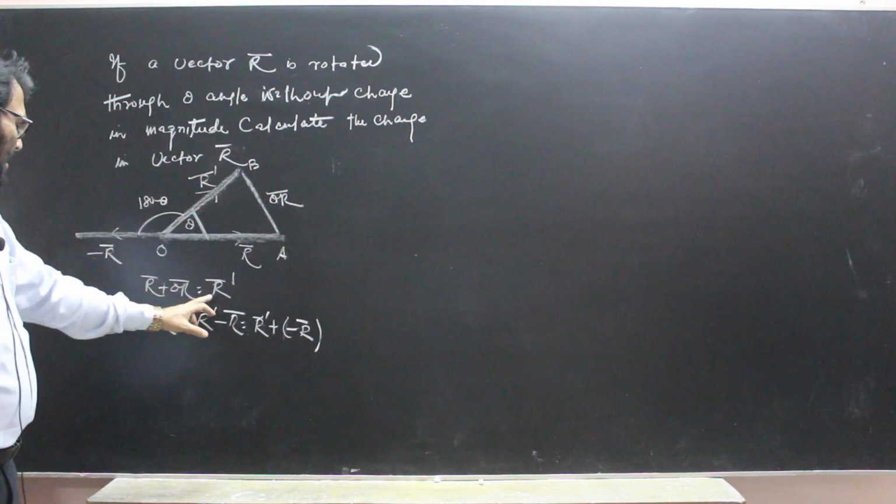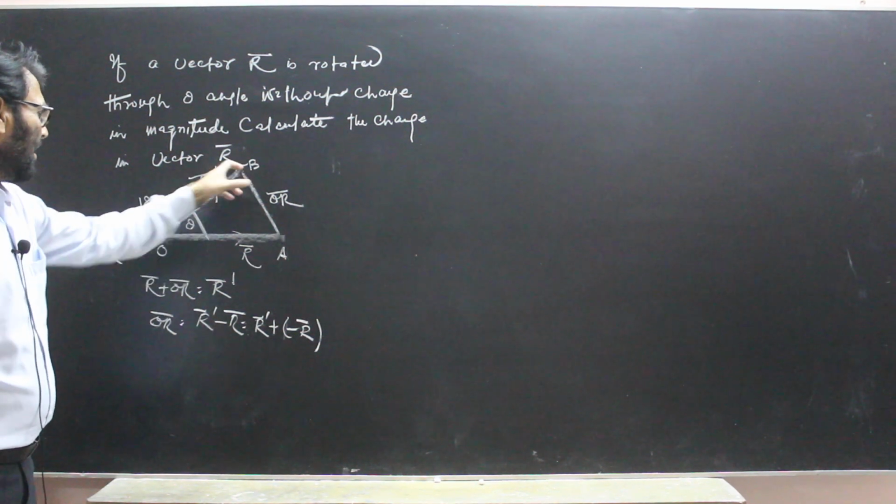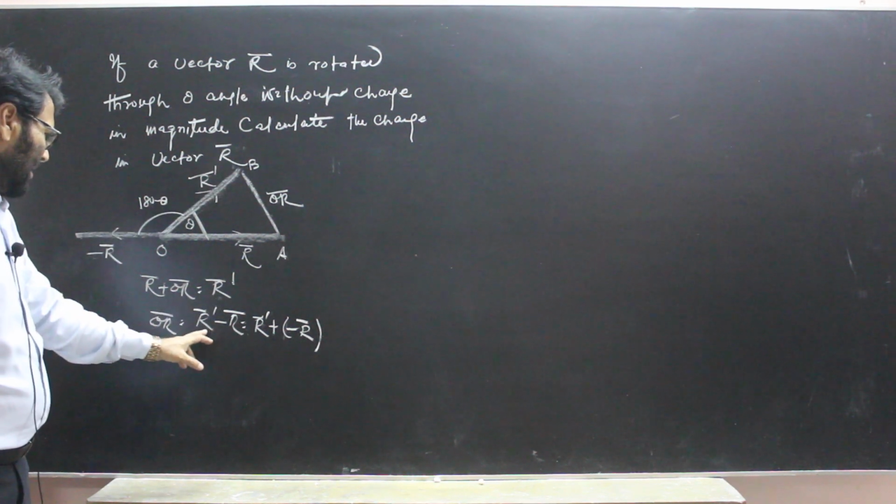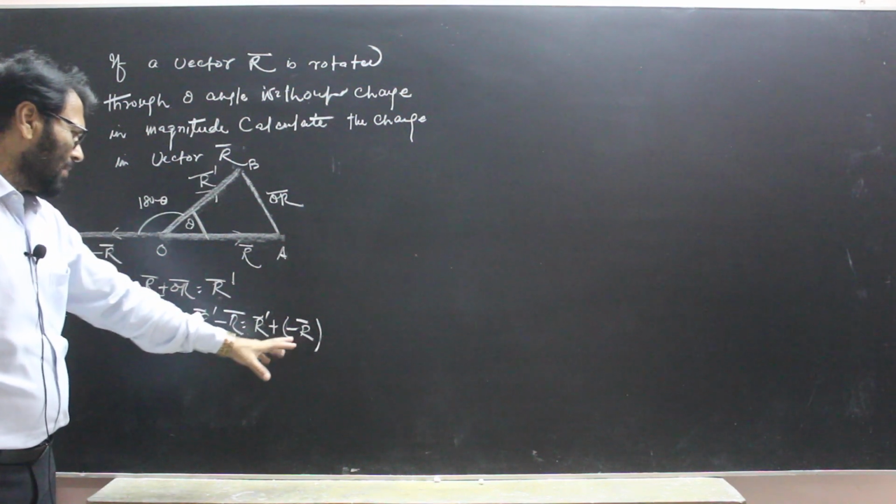R plus delta R is R dash, so delta R is R dash minus R.